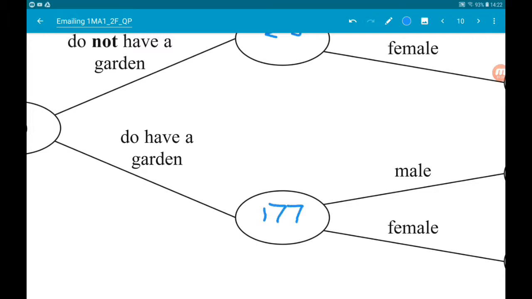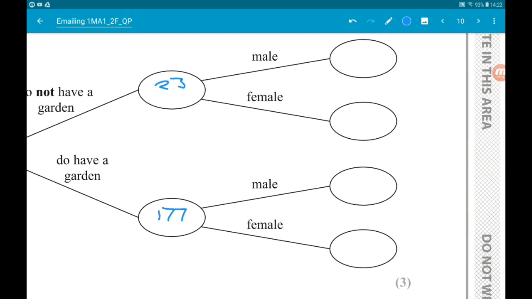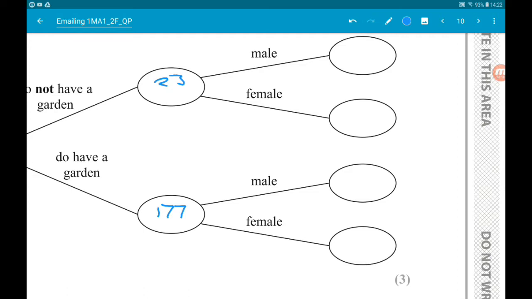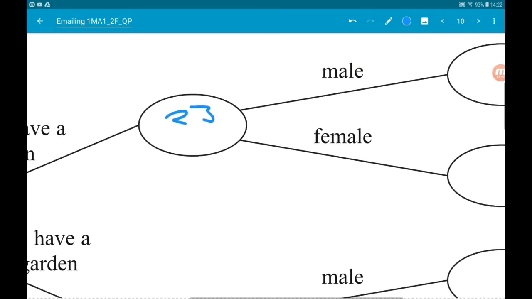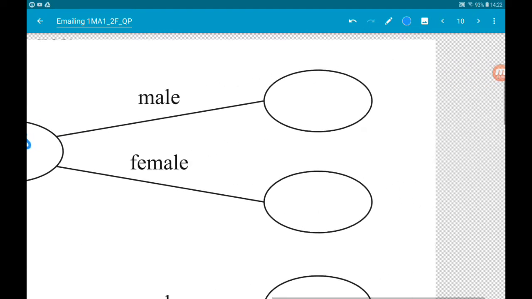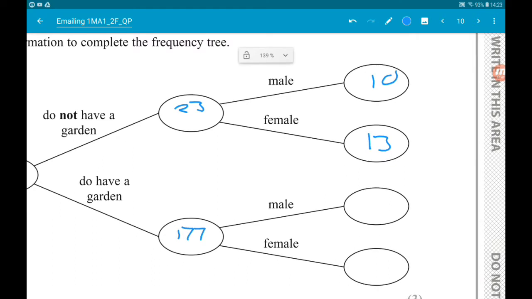Okay, and then we're told, so the next branches, we have males and females. So we're then told 10 males do not have a garden. So we then know 10 of these 23 people are male, which means 13 of them are female. And then we're told there are 95 males.